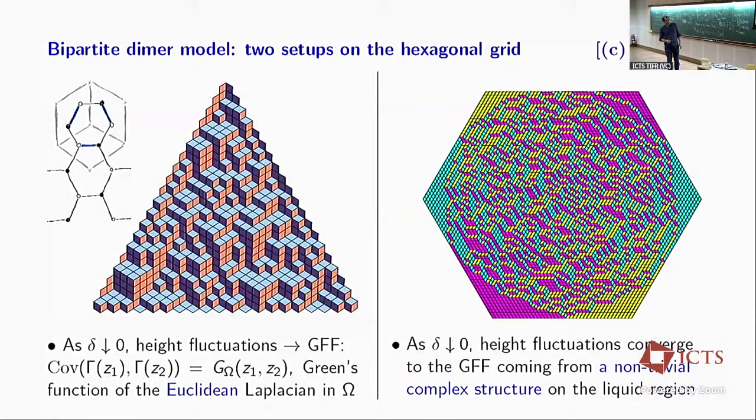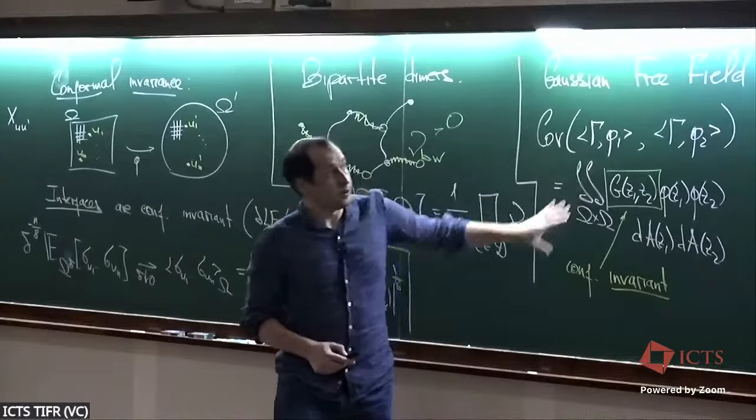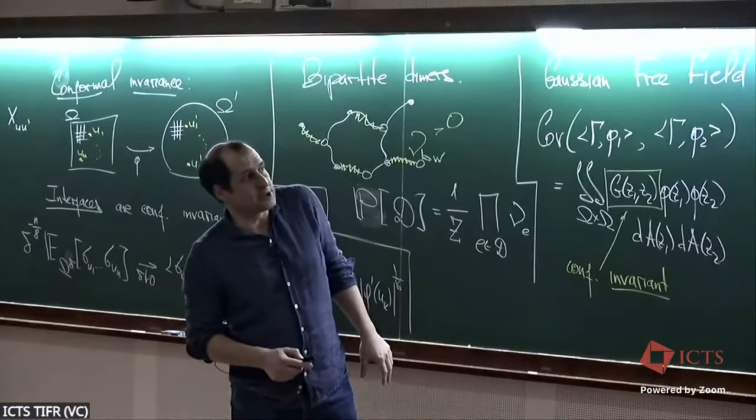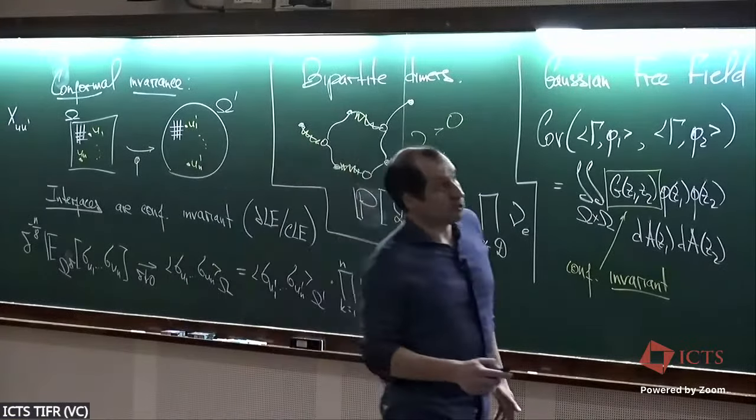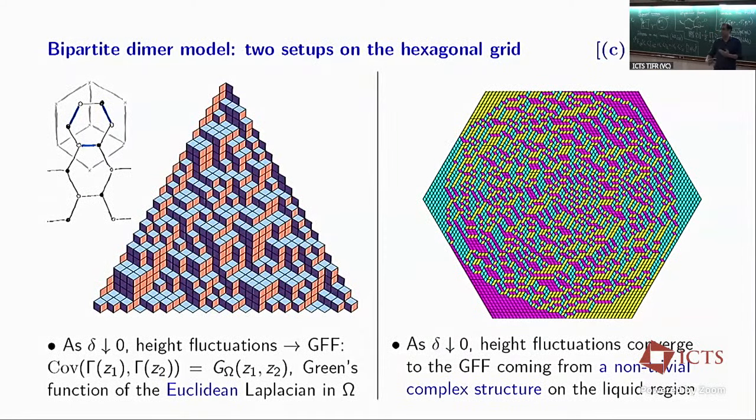So the structure of fluctuations here cannot be described. I mean, it would be nonsense if literally the same description applied, right? Because the green function in the hexagon is still non-zero everywhere. However, I do not see any fluctuations in some parts of the hexagon. And in this setup, there is a theorem, and this is actually much more interesting because there is something non-trivial happening: the height fluctuations still converge to the Gaussian free field.